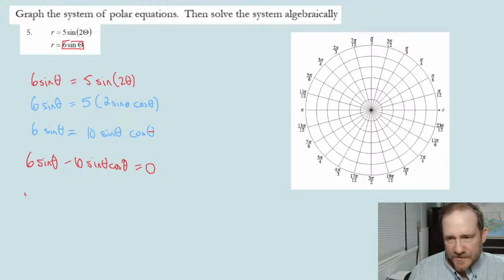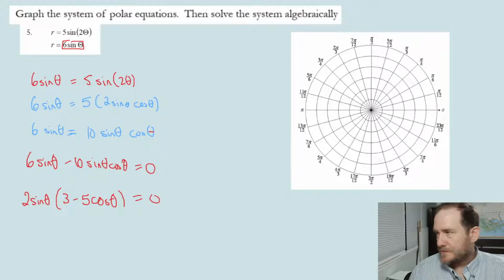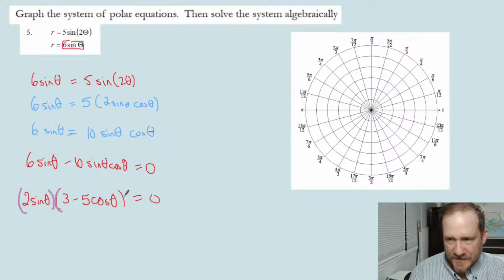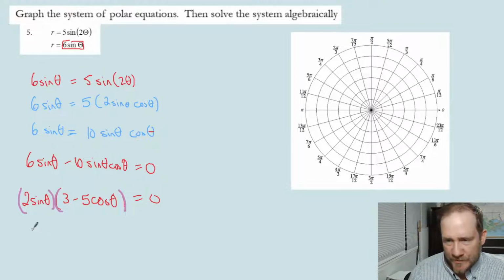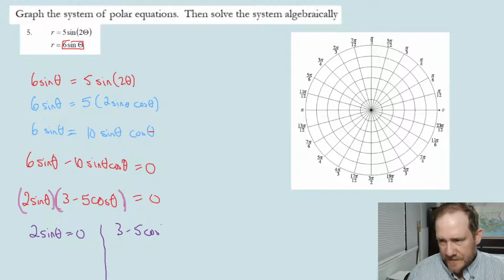So I can actually factor out 2 sine theta to be left with 3 minus 5 cosine theta, and that equals 0. So it's at this point that you recognize you've got one factor and a second factor, and they both equal 0. So you can use the zero product property to say that when 2 sine theta equals 0, that's going to generate some solutions. And when 3 minus 5 cosine theta equals 0, that's going to generate more solutions.